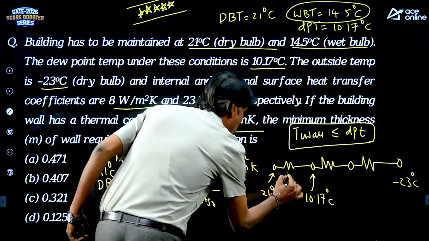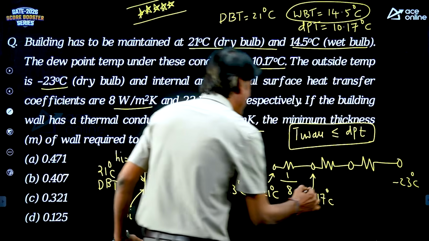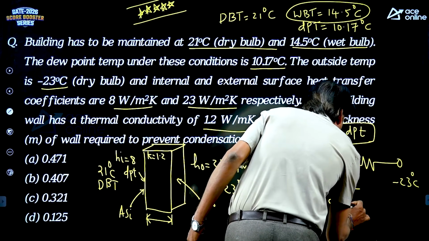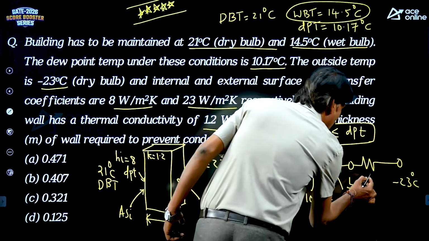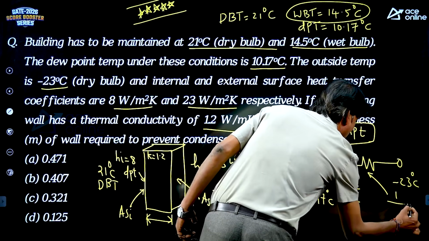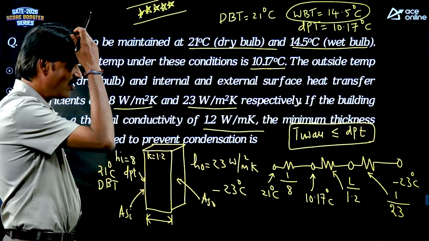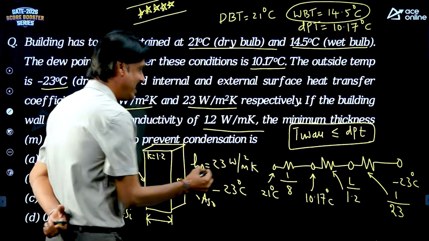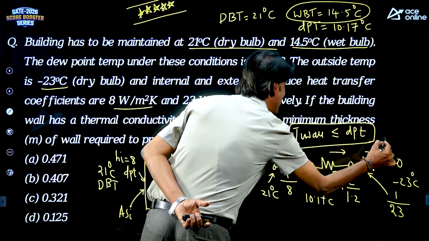This value is 1 by Hi, 1 by 8. This is L by KA, so this value is L divided by K, 1.2. This value is 1 by 23, 1 by H0 into A. The amount of heat flowing through them is the same.